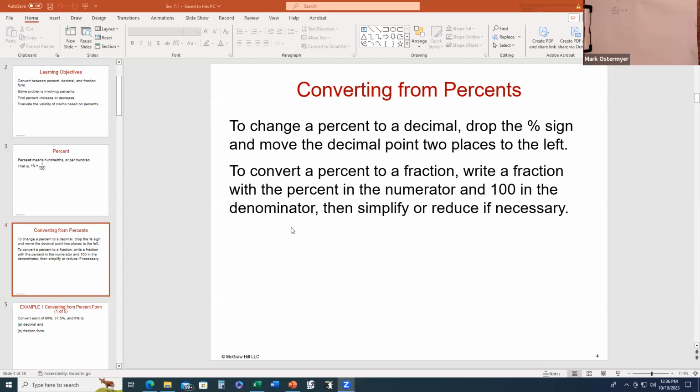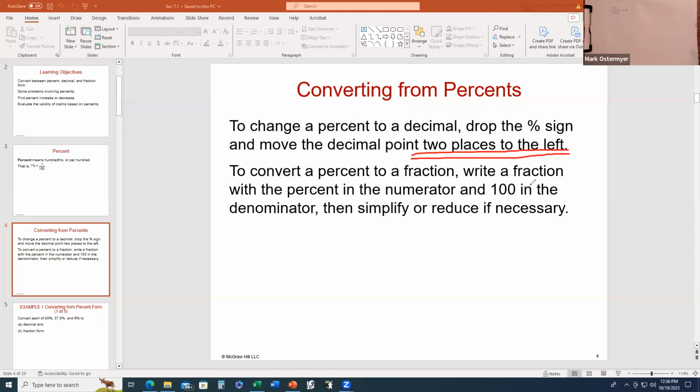To change a percent to a decimal, what we do is we drop the percent sign and move the decimal point 2 places to the left. All right, 2 places to the left. We convert from a percent back to a fraction.